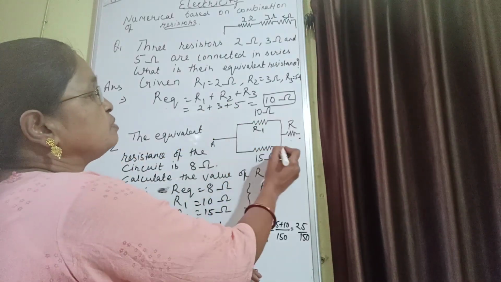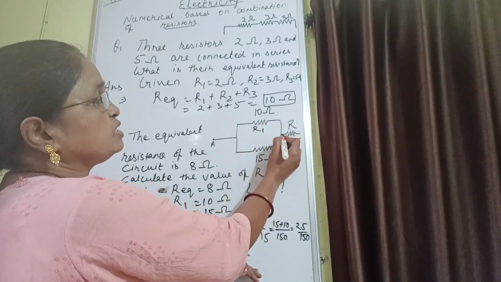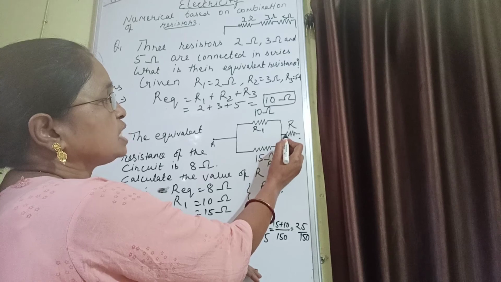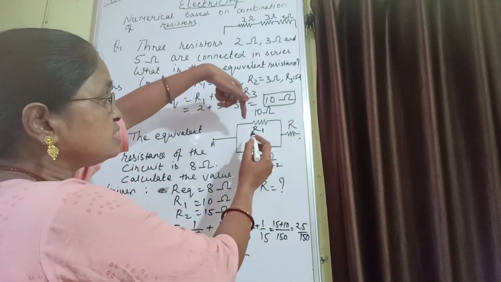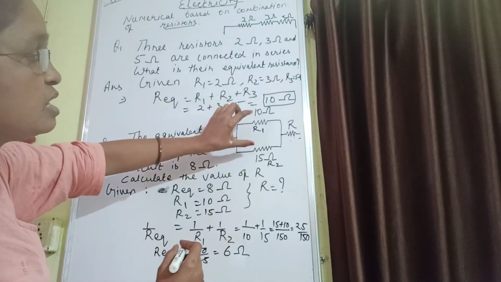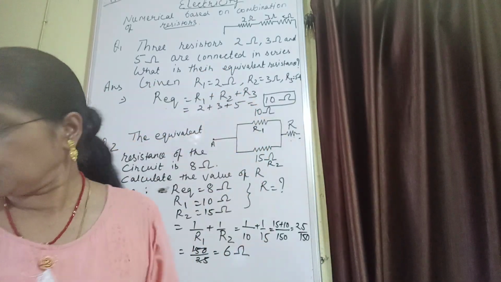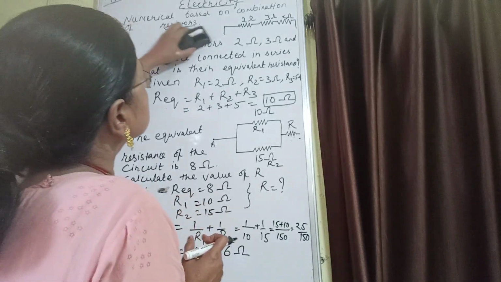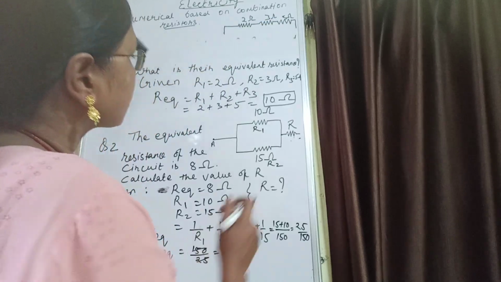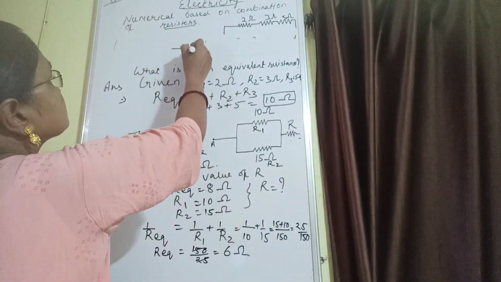Now when both the ends combine, and again one common point we have got, and this we see that R is there. That means this R is in series with this. If equivalent resistance you will draw in the figure, let me show you how it will come. Just like this.